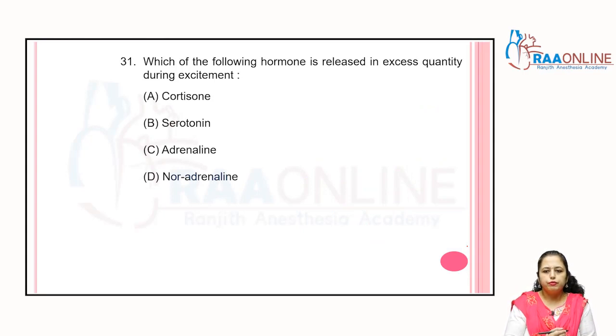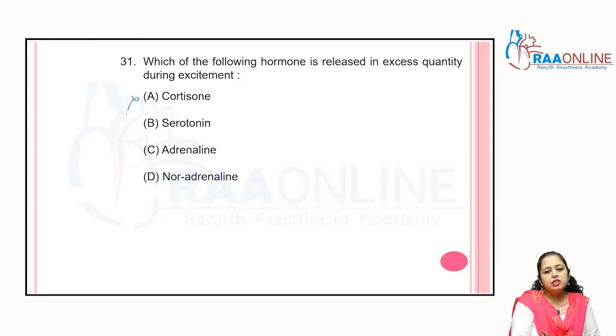Now come to the 31st question: which one of the following hormones is released in excess quantity during excitement? When we talk about excitement, the name that strikes our mind is adrenaline.